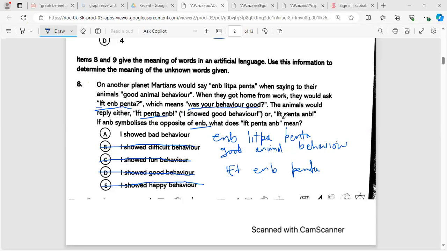And then he said now if this means the opposite of end, but end means good, what may I get from it? What does leaf penta mean? So if this is opposite, it has to have something to go by. But this time they have this at the end. Wow. It's not so easy, man.